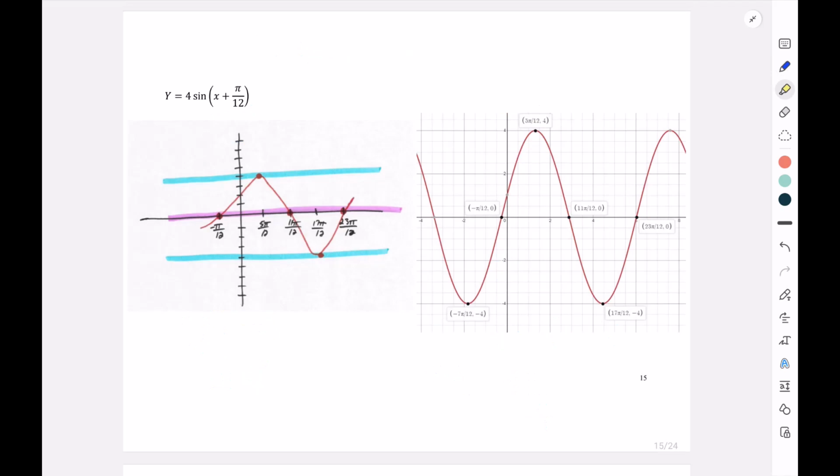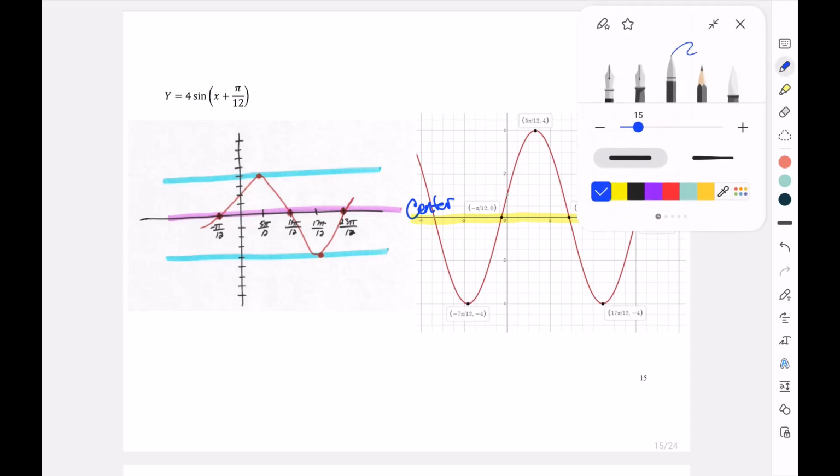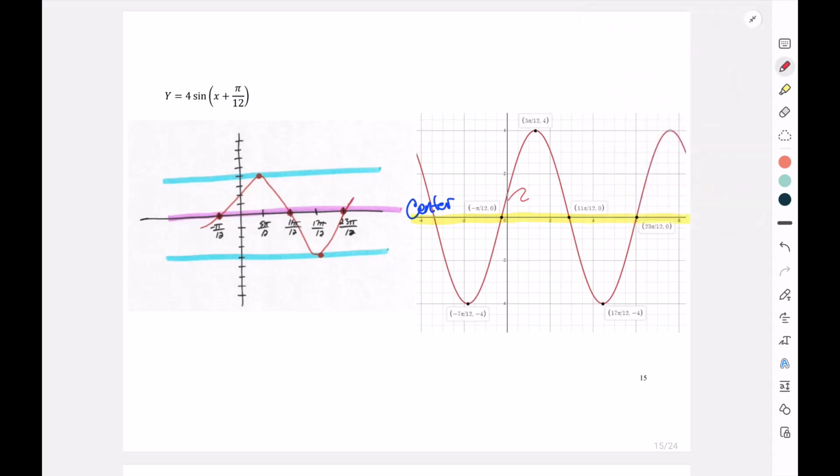So when we go to graph it, we know that our center is going to be 0. So we know that our center is going to be right here. We know that our amplitude is 4, so we can go up 4 and we can create our amplitude.